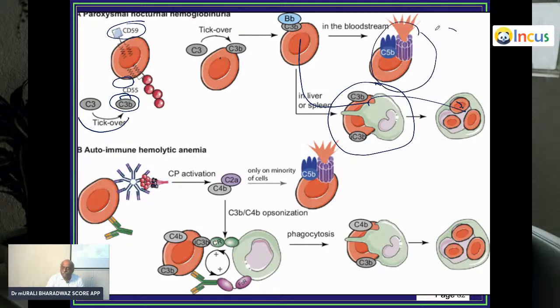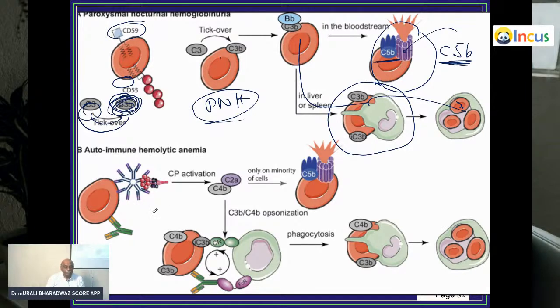Also in the bloodstream, there is complement-mediated hemolysis with C5b. So PNH leads to hemolysis by both intravascular and extravascular mechanisms by causing tick-over of C3 to C3b.